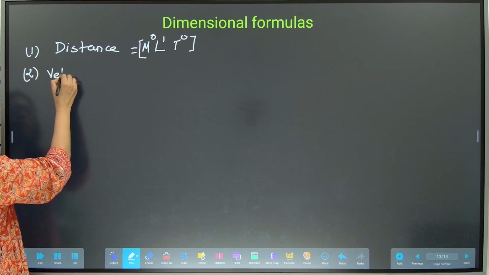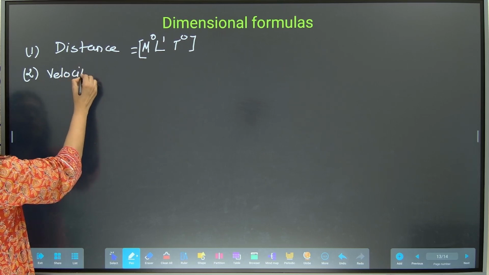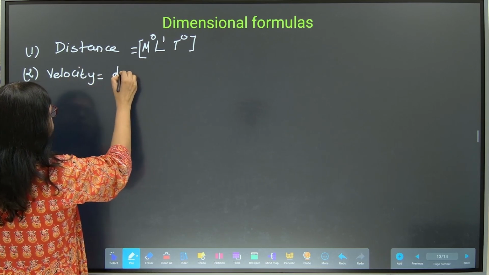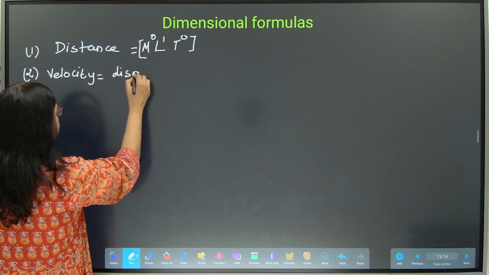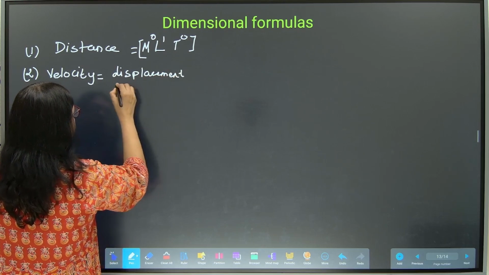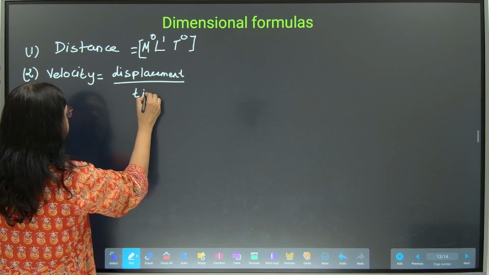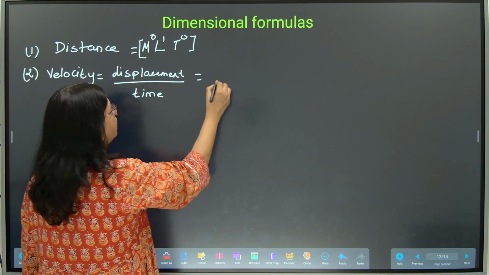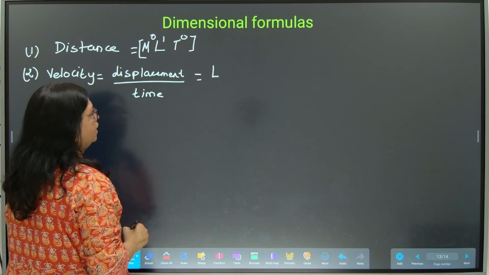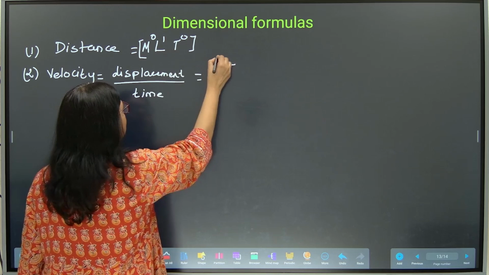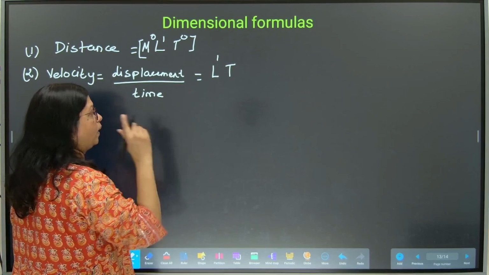Velocity or speed. What is the formula first? Displacement on time. So, what is displacement? Symbol for physical quantity L. For time T. L only one displacement, so I have written 1.